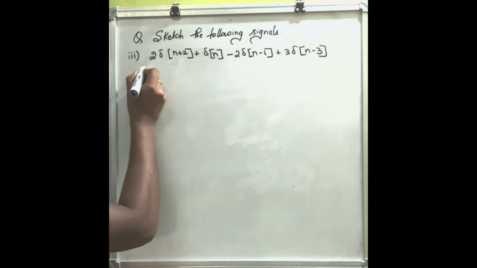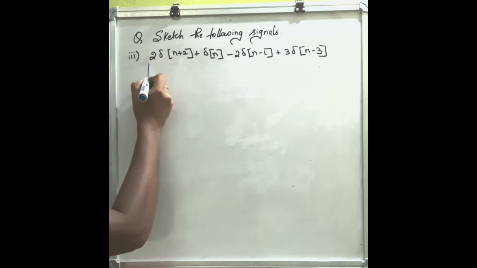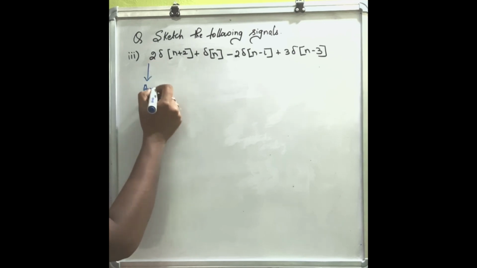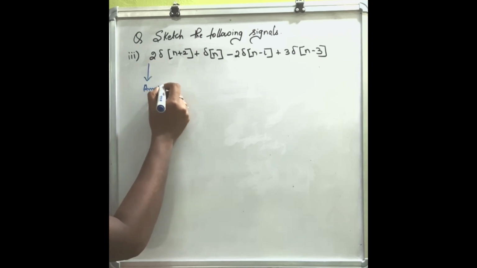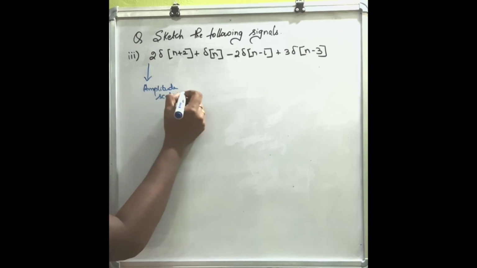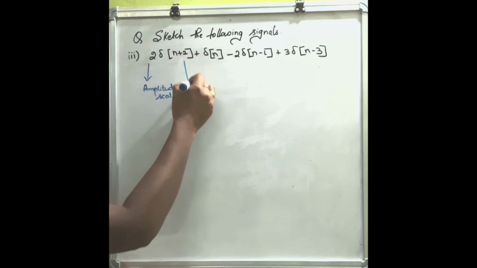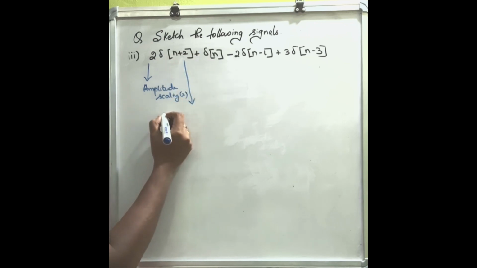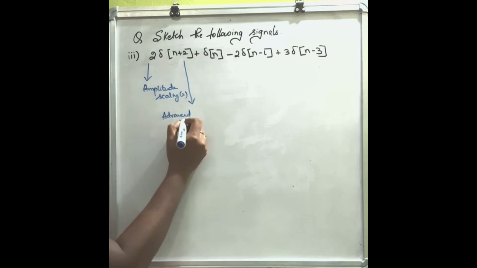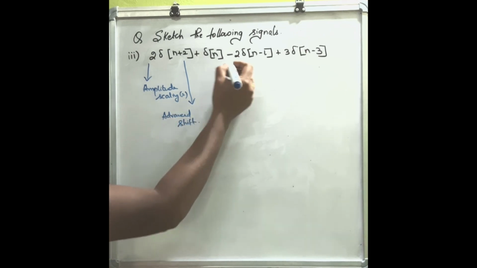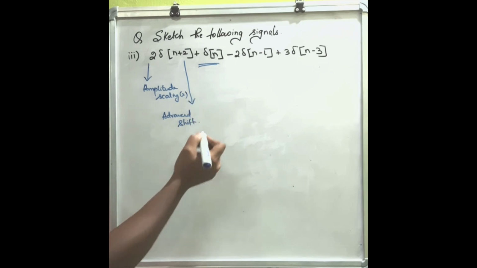When we say 2 del n plus 2, here they have asked amplitude scaling by 2. Here n plus 2, that is advanced shifting, shifting to the left. This is a normal signal, so no worries.